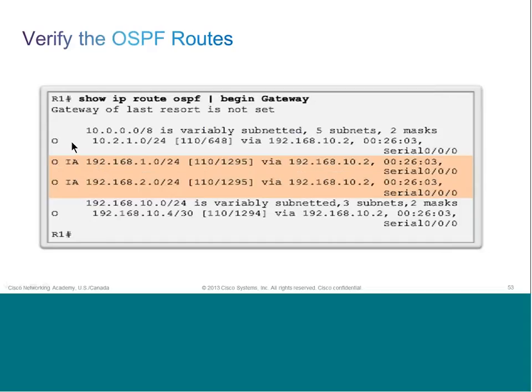O represents OSPF intra-area routes, and IA represents inter-area, which means that the route originated from another area. And just a little bit of review, the 110/1295 entry in the routing table represents the administrative distance that is assigned to OSPF, which is 110, and the total cost of the route, which is 1,295.